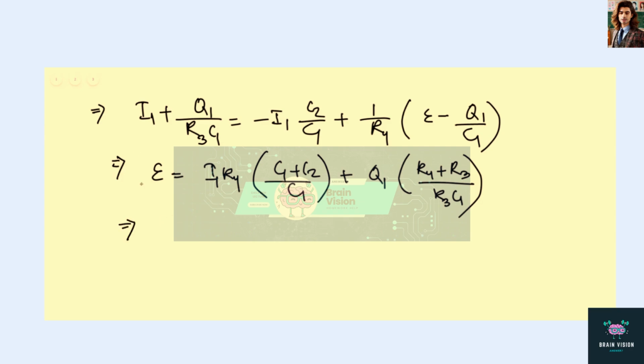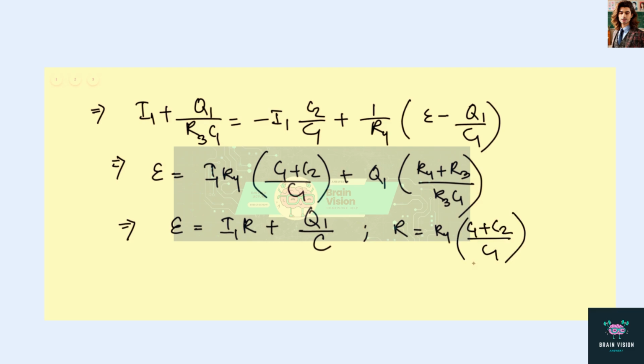So this equation can be written as EMF equal to I1 R plus Q1 over C, where we can say that R is equal to R4 times C1 plus C2 over C1, and C is equal to C1 times R3 over R4 plus R3.